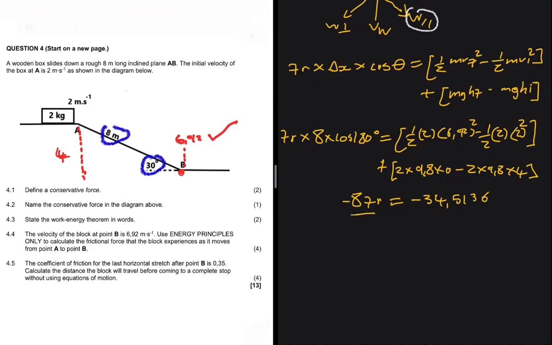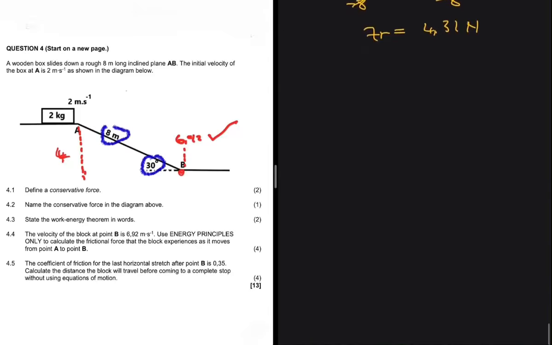Dividing both sides by minus 8, we get the frictional force being equal to 4.31 newtons. So that is 4.4, let's do 4.5 real quick.